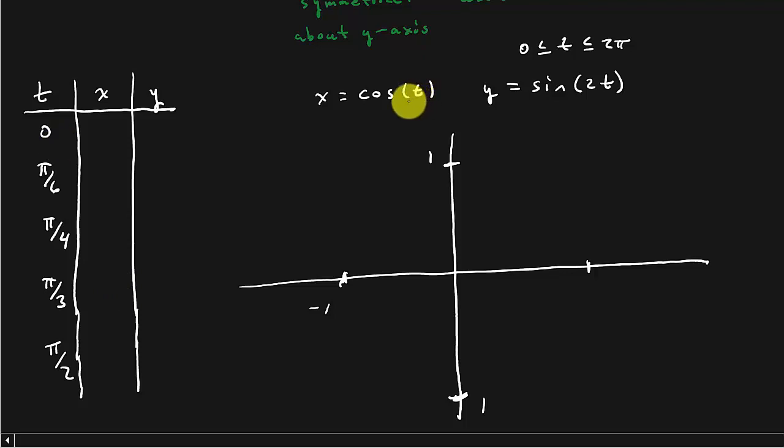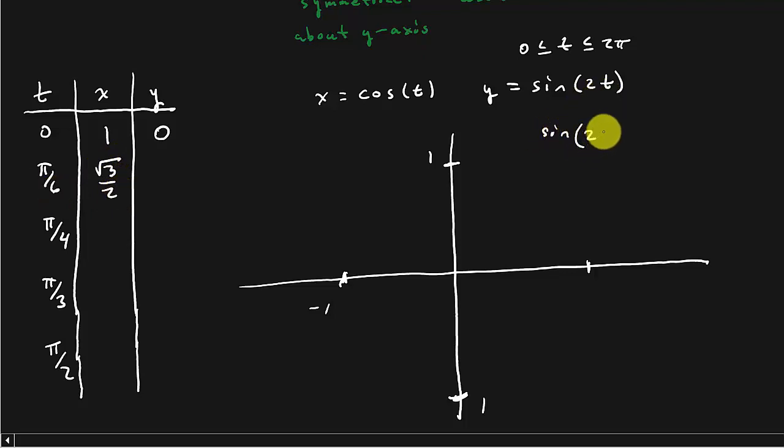So if I plug 0 in, that's going to give me 1. Plug 0 in, that's going to give me 0. Sine of 0 is 0. Now let's plug in pi over 6. Well, what's the cosine of pi over 6? That's square root of 3 over 2. Yes, that's a 3. It doesn't look like it. And then I plug the pi over 6 in here.